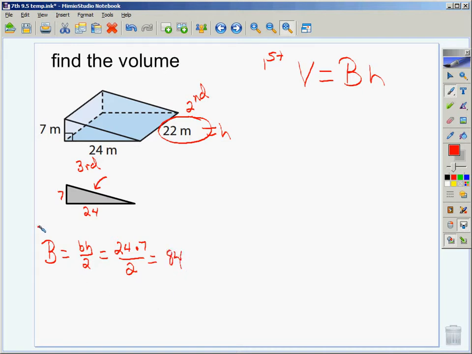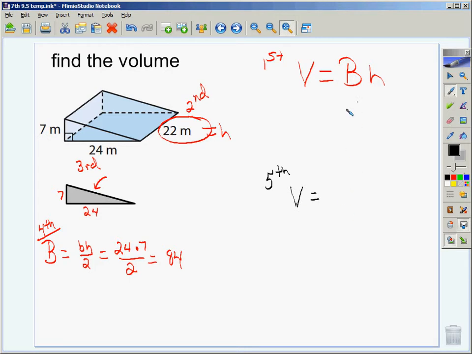So, the fourth thing that we actually did was calculate what? That base area. What's the last thing we're going to do? We already have it. What are we going to do now? Multiply base. The last thing that we're going to do is we're going to find the actual volume.